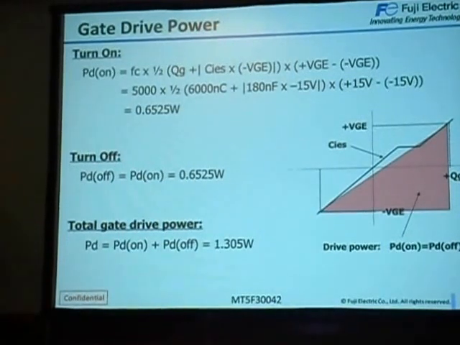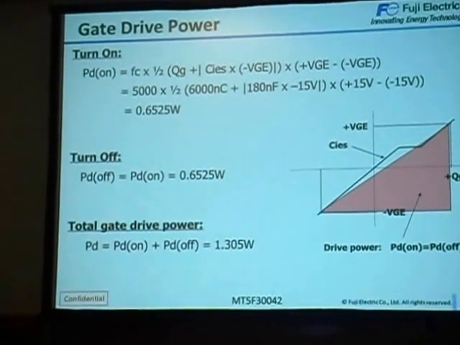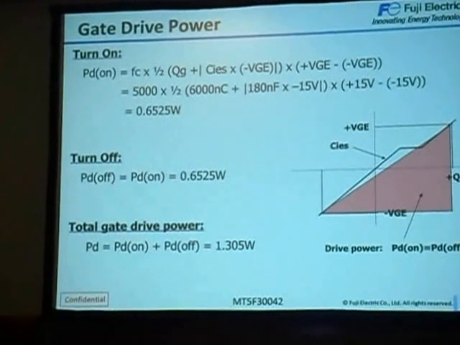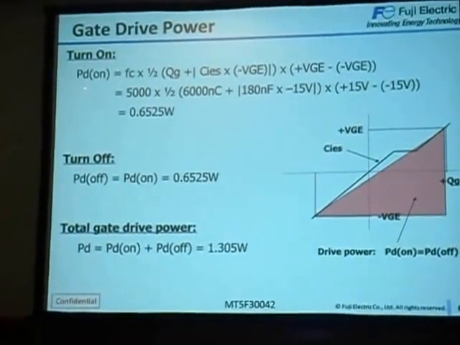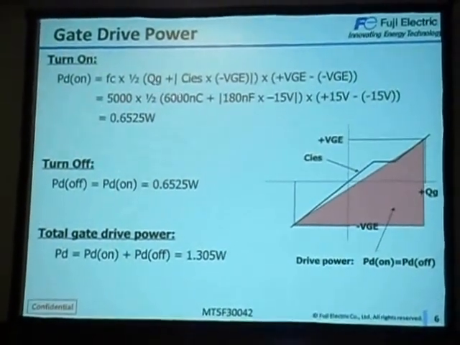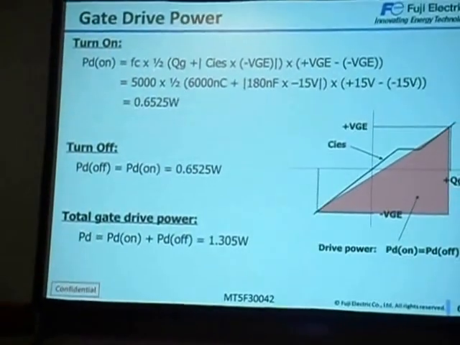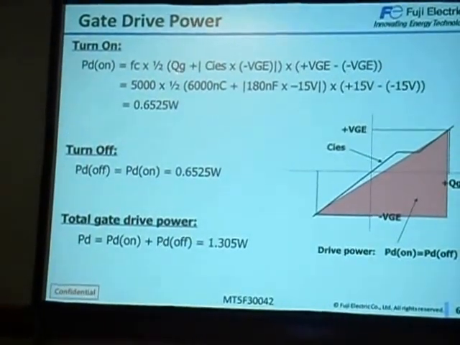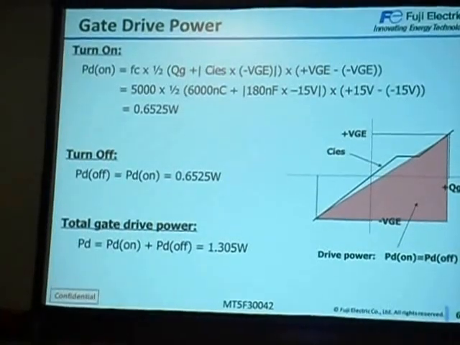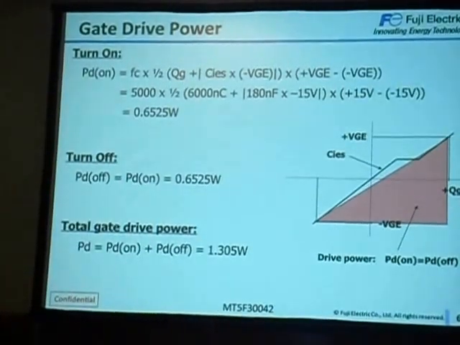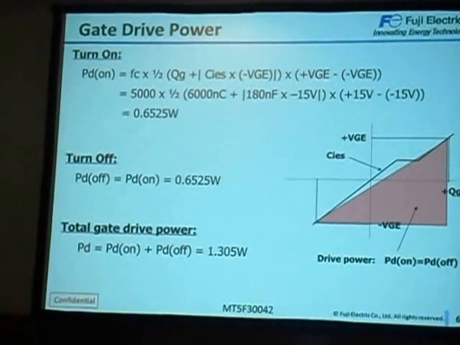And gate drive power. To estimate the driving power, the turn-on power is calculated by this formula: switching frequency times half of the input capacitance or gate charge times gate voltage.